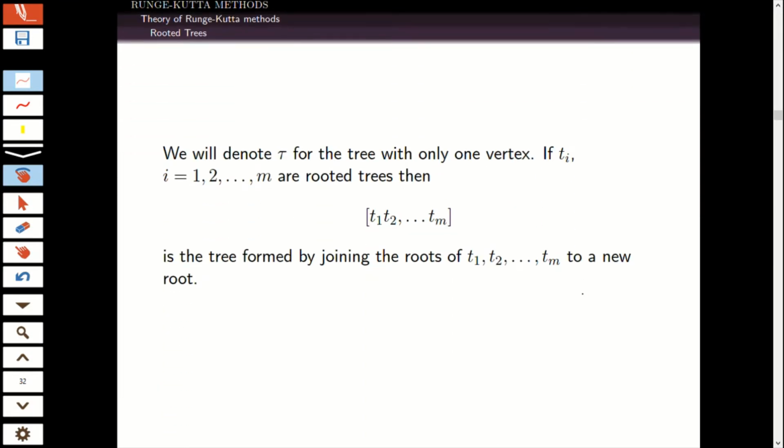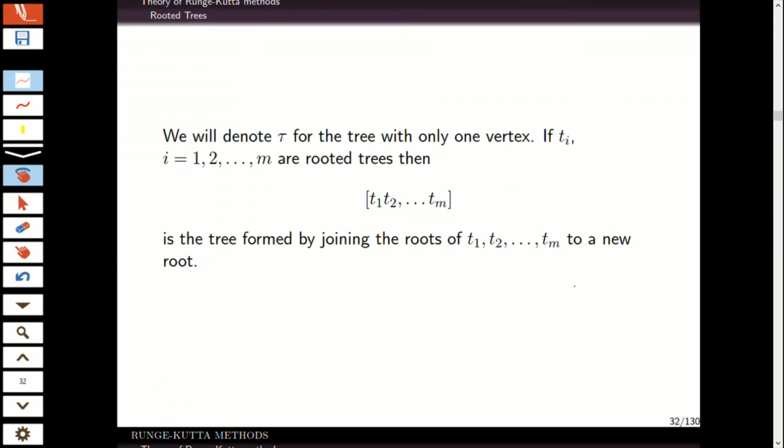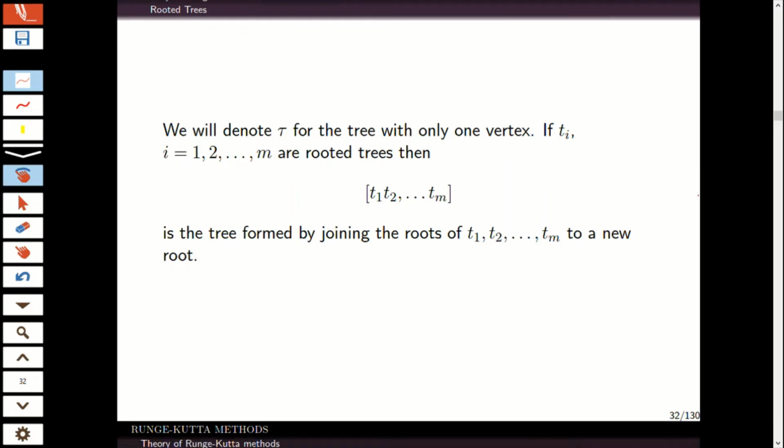We will denote tau for the tree with only one vertex. So what is tau? Tau is a tree with one vertex. If t_i, where i from 1 to m, are rooted trees, then we will have many trees. This thing is a tree formed by joining the roots of t1, t2, ..., tm to a new root.